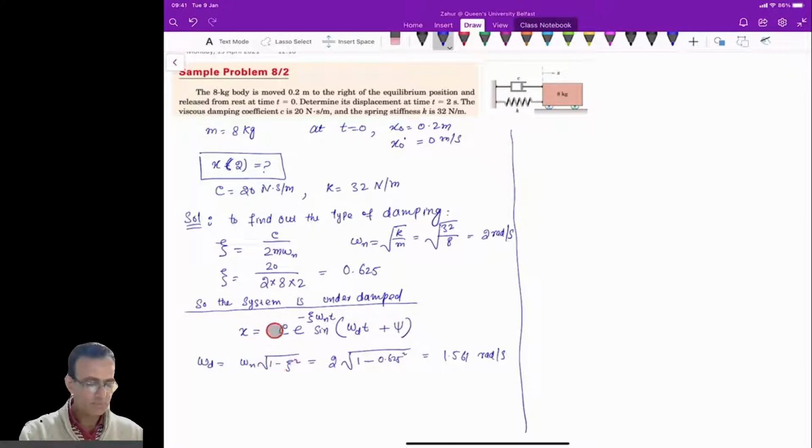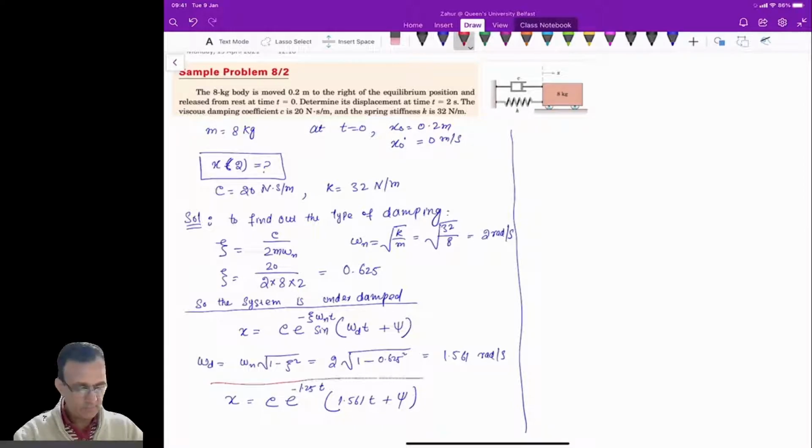If we put all these known values in this equation, x will become equal to C e power, so if you multiply zeta with omega n, where zeta is 0.625 and omega n is 2, you will get minus 1.25 t, and you already know omega d here, which is 1.561, plus psi. So this is the final equation here.